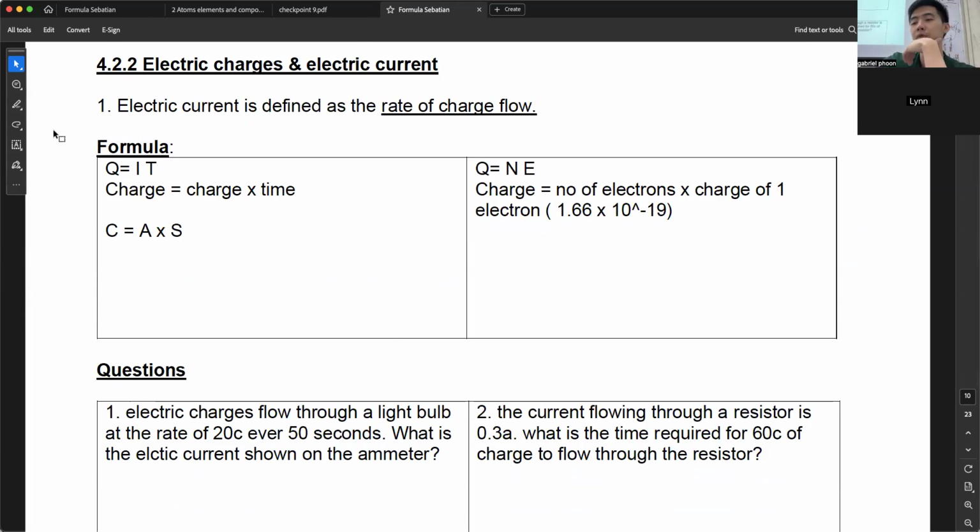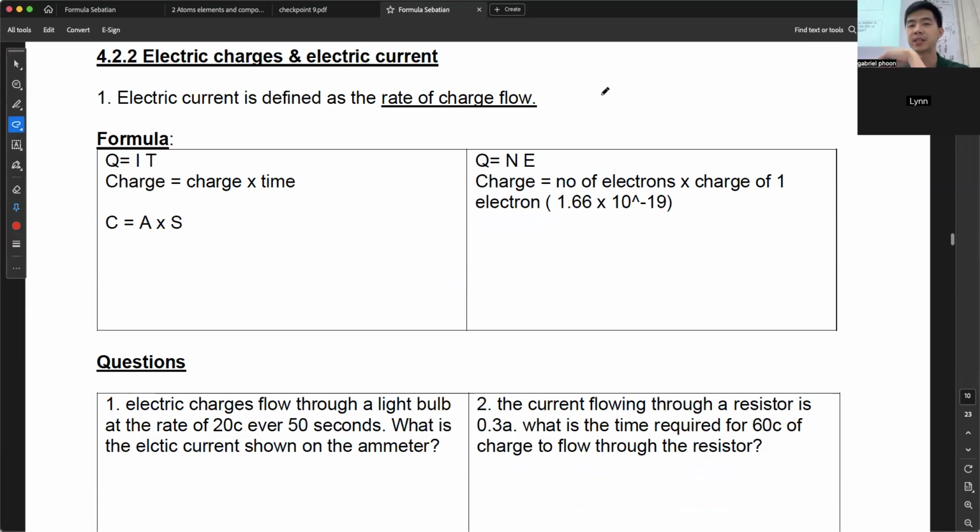Listen up. In terms of charges, last week we learned that there's positive charge and negative charge, right? We can actually calculate how much charge flows through a certain object. Let's say I have a piece of wire here, and this piece of wire allows 10 amperes of current to flow for a good 5 seconds.